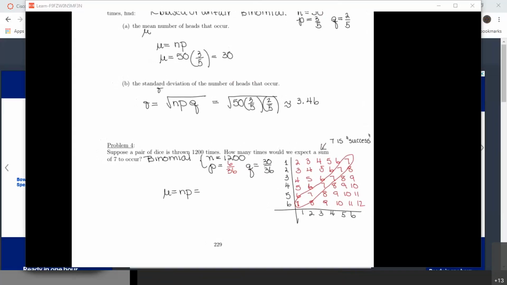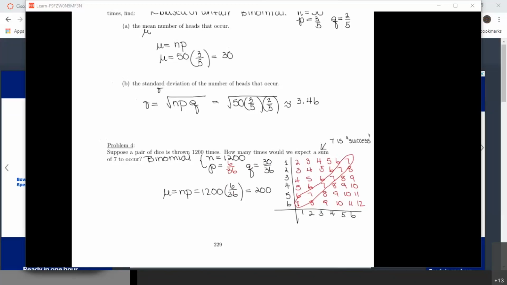Well, I'm tossing it 1,200 times, and the probability of a success is that, and multiply that together. I'd expect 200 of those tosses to give me a 7. Okay, any questions so far? Questions so far?